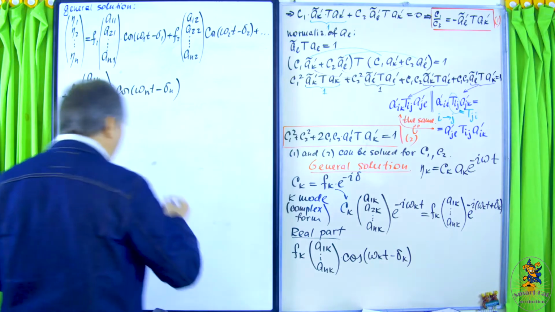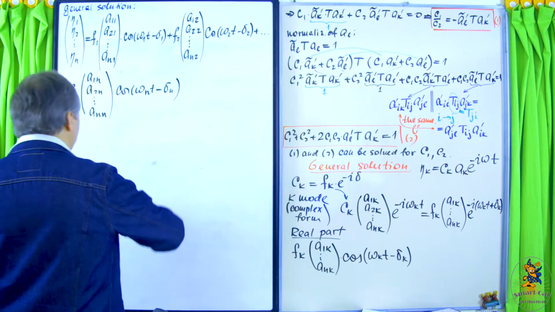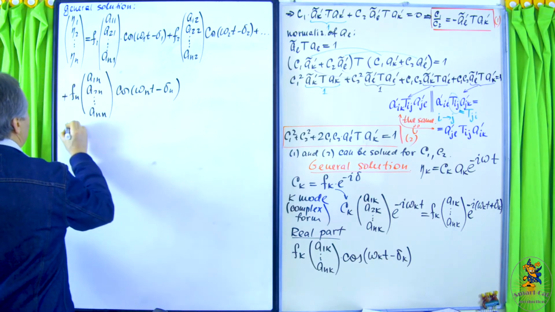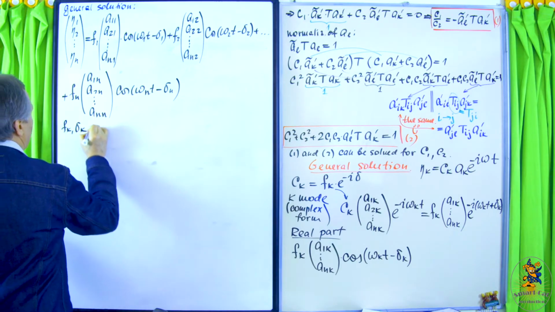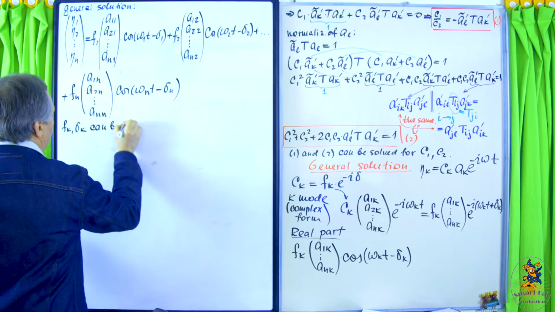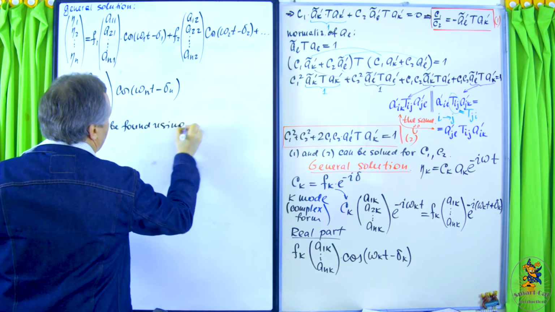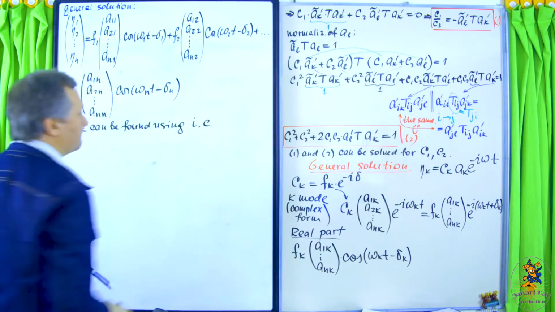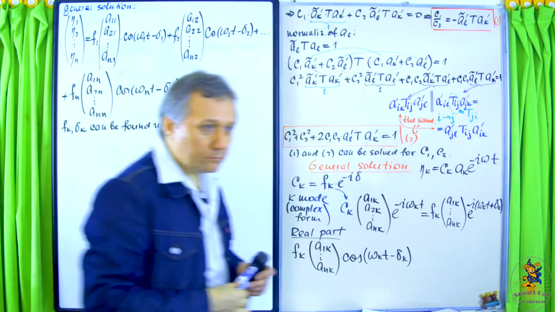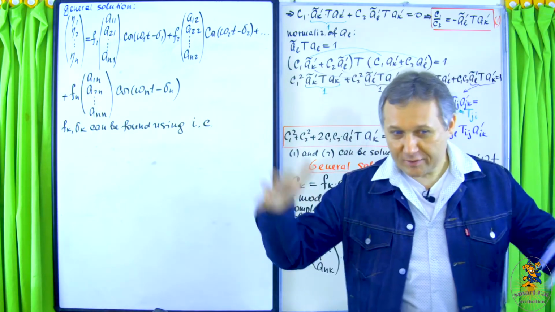Initial conditions need to be used to find F_k, delta_k, which can be found using, of course, the initial conditions, IC. Okay, so that is the general solution of the whole system, which consists of n particles.